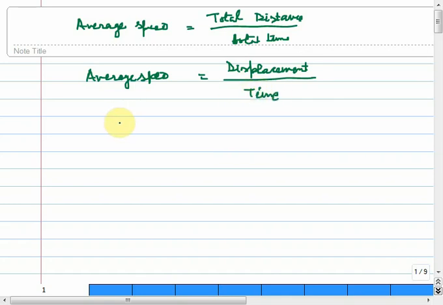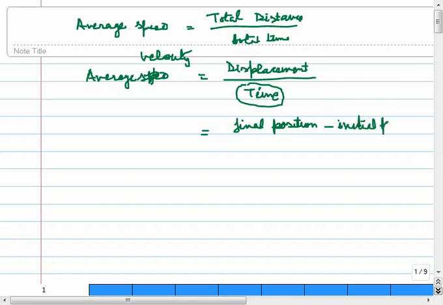That is, you calculate just the displacement and the time taken in that displacement. That is called average velocity. And in terms of position, this is equal to final position of the object minus initial position of the object divided by time. This is the notion of average velocity.